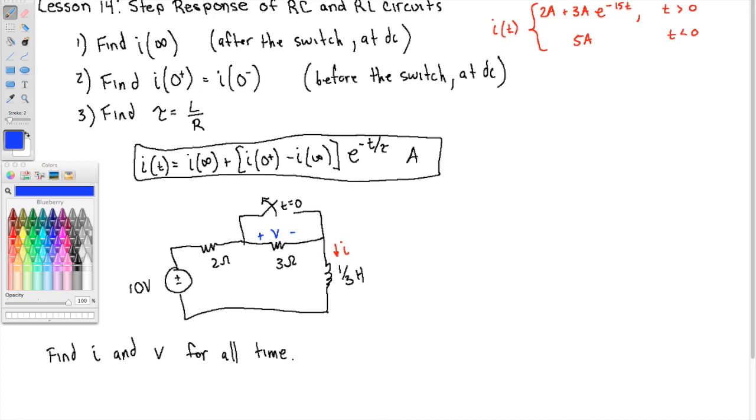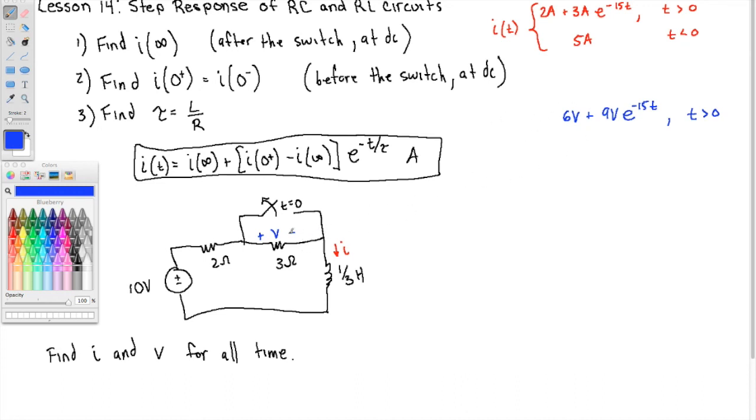And here's I after the switch. So multiply this thing by 3 ohms. So we get 6 volts plus 9 volts e to the negative 15t. And again, that was for when time is greater than 0.